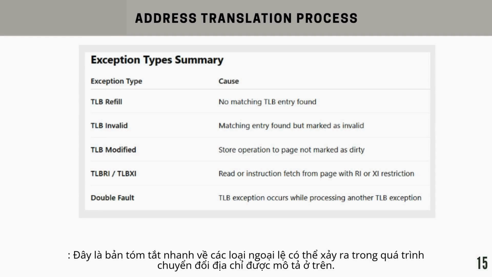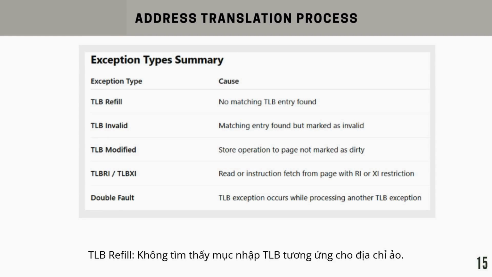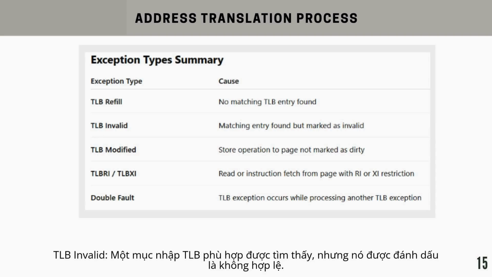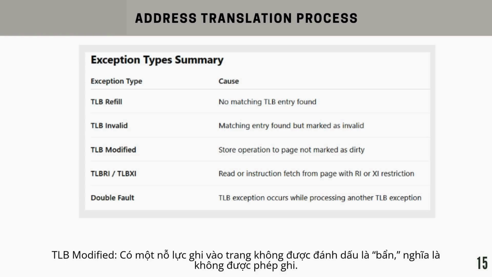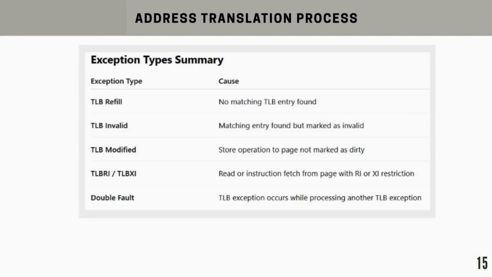Here is a quick summary of the types of exceptions that may occur during the address translation process described above. TLB refill. No corresponding TLB entry was found for the virtual address. TLB invalid. A matching TLB entry was found, but it was marked as invalid. TLB modified. An attempt was made to write to a page that was not marked as dirty, meaning writes were not permitted.